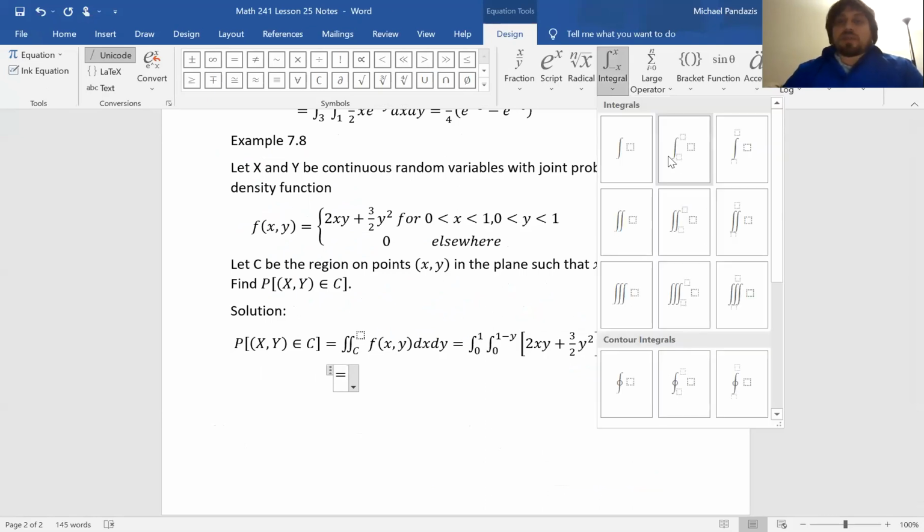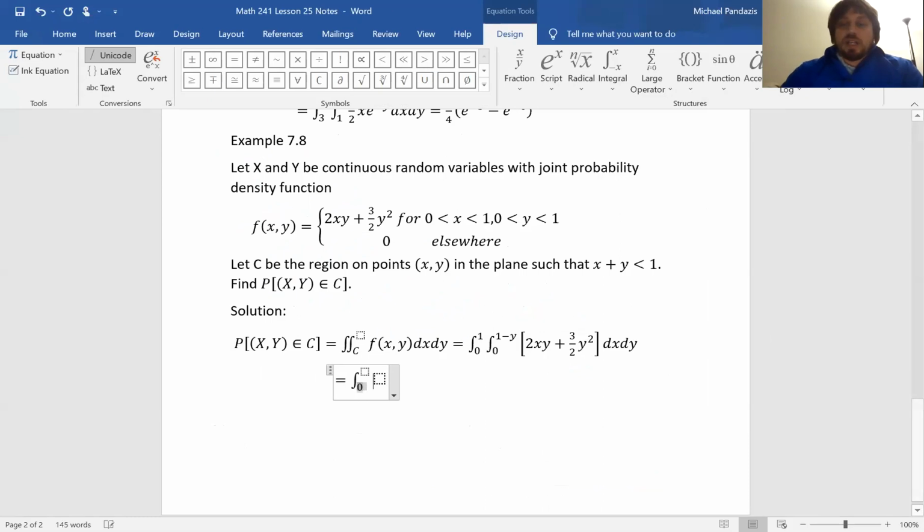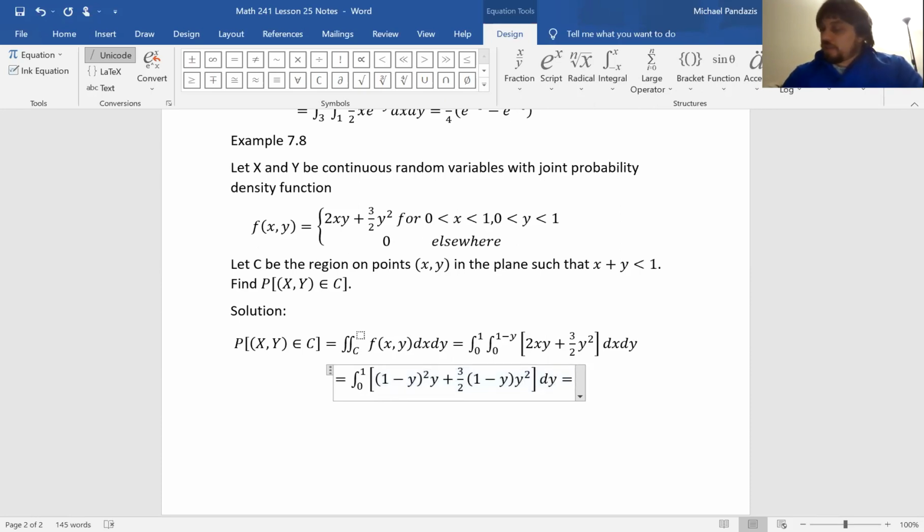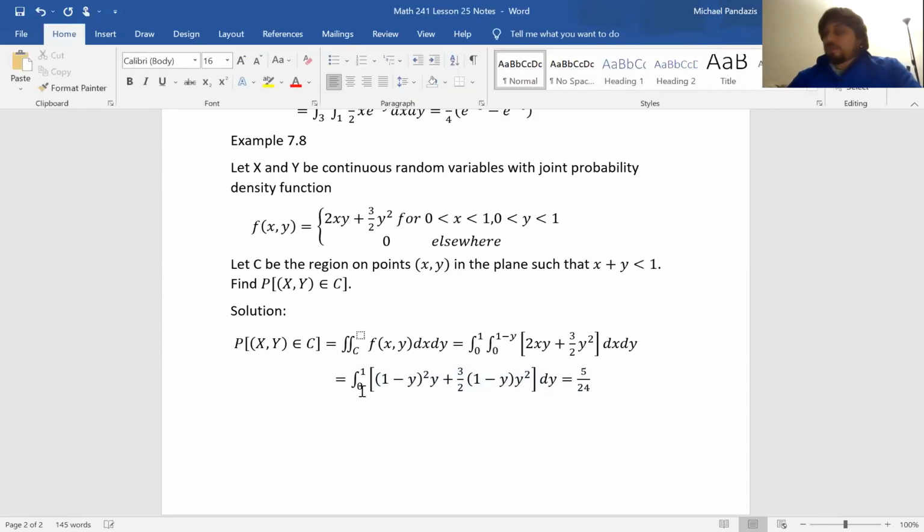So you have the definite integral from 0 to 1 of, now what's that first integral, which is (1 minus y) squared, plus 3/2 times (1 minus y) squared dy. And that's equal to 5 over 24. Okay? And so we now found the probability that our point is in the region C. Okay, and so that's example 7.8.